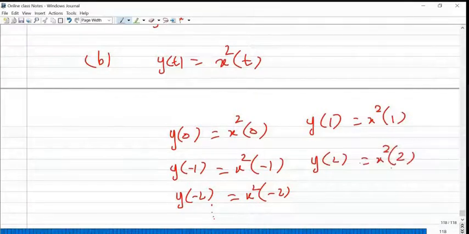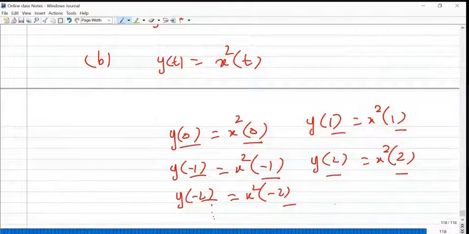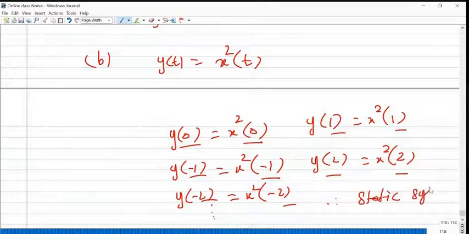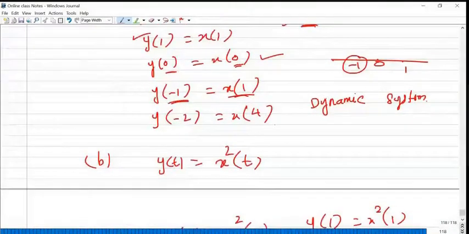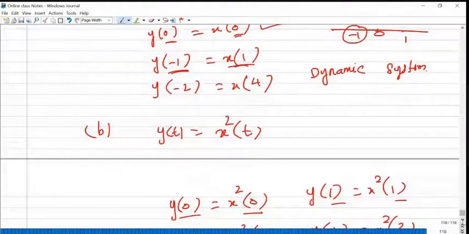All the time instants, the output of the system depends on present input. Therefore, this is static system. Okay. So x of t square is a dynamic system. x square of t is a static system.